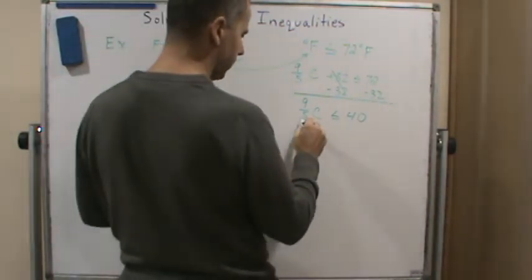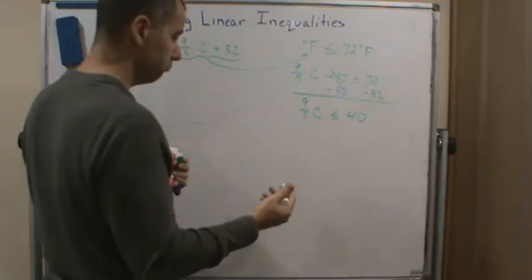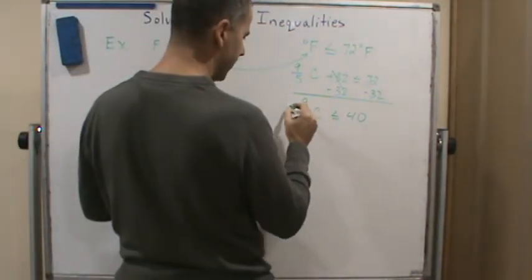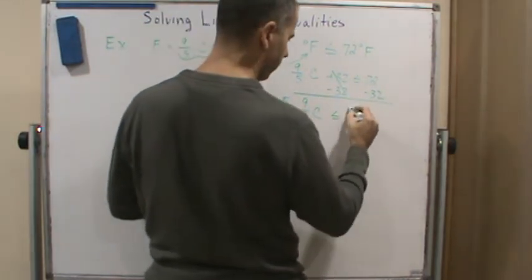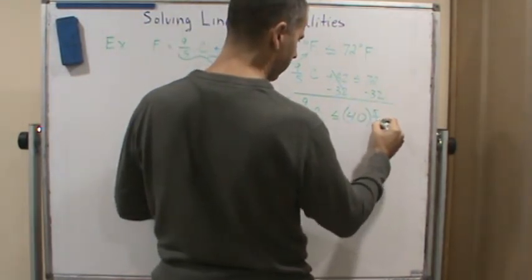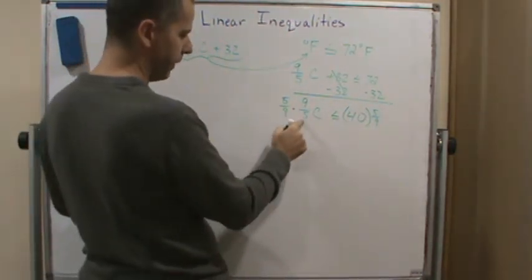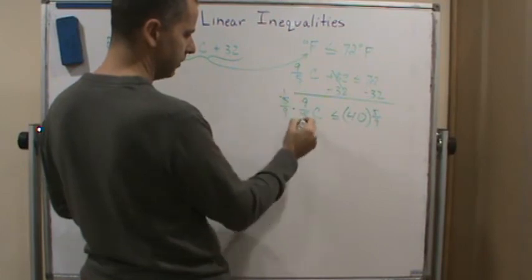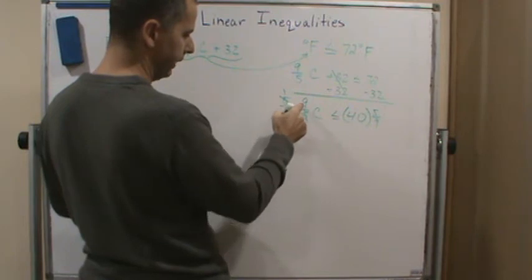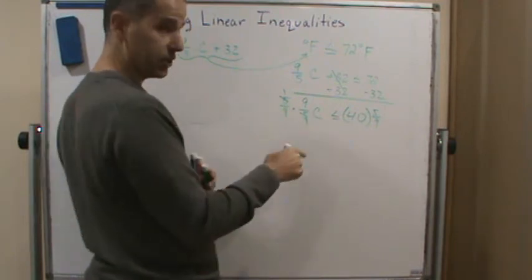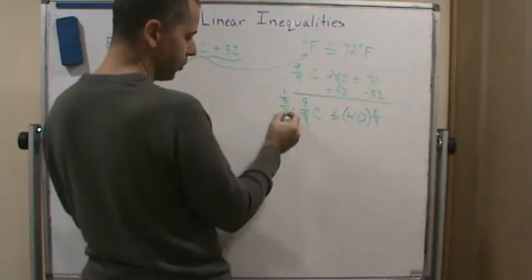Now I'm going to multiply both sides by the reciprocal, 5/9. What happens over here? 5 divided by 5 is 1, so the 5's cancel, and 9 divided by 9 is also 1.